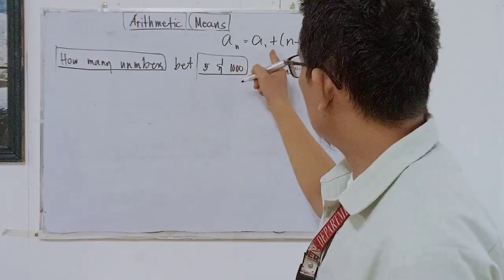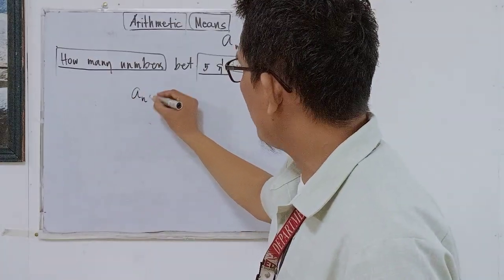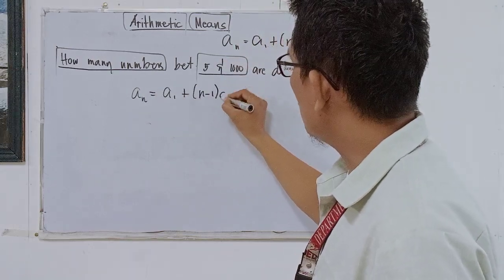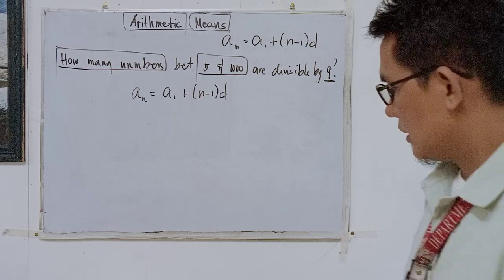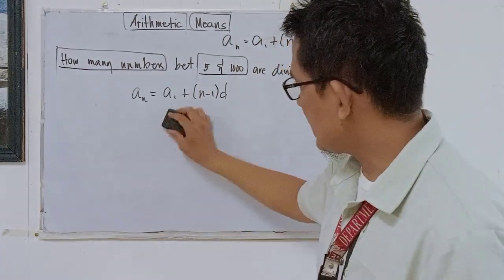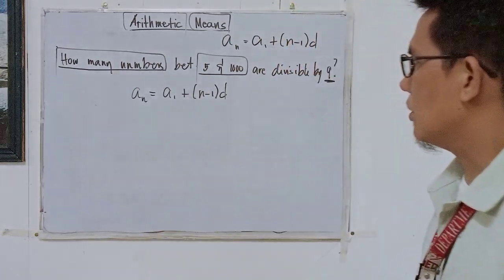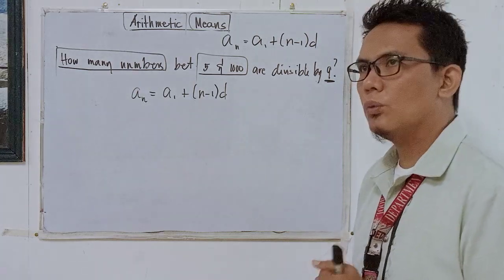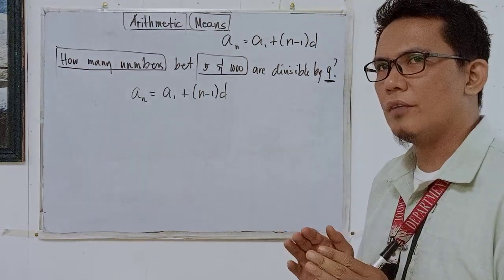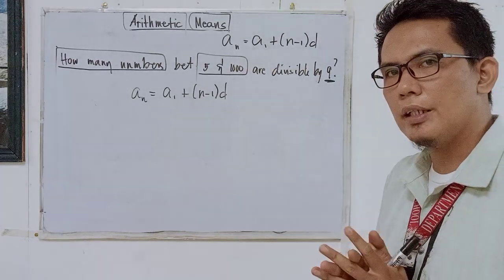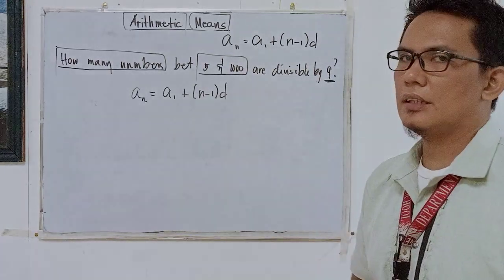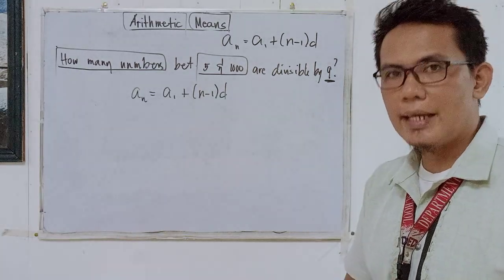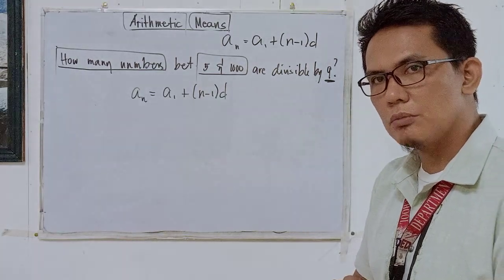So, again, let us use now our formula: a sub n is equal to a sub 1 plus n minus 1 times our common difference. This problem is very easy. So what are the numbers between 5 and 1,000 that are divisible by 9? 5 is not divisible by 9. 6, 7, and 8 are not divisible by 9.